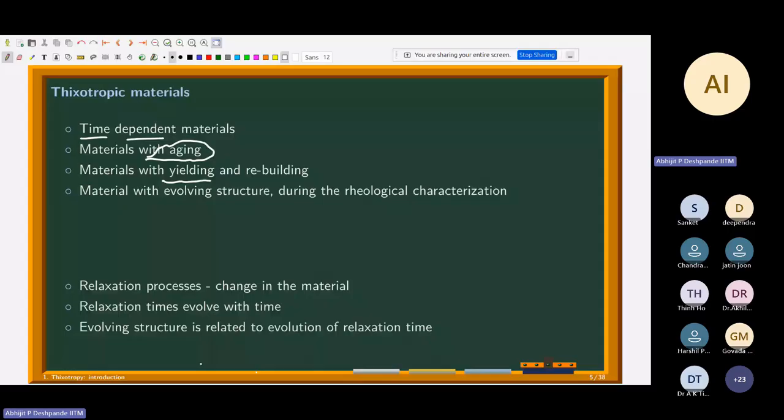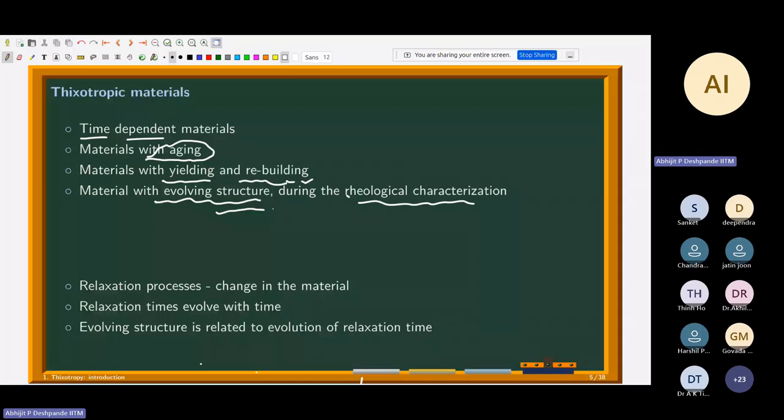So there is yielding, and there would also be rebuilding and formation of structure, as I talked about. In general, it is a material with evolving structure, and more importantly, during the rheological characterization itself, the structure is evolving. So the material response is an intricate interplay of stress, strain, and strain rate, and also the structure that is evolving.